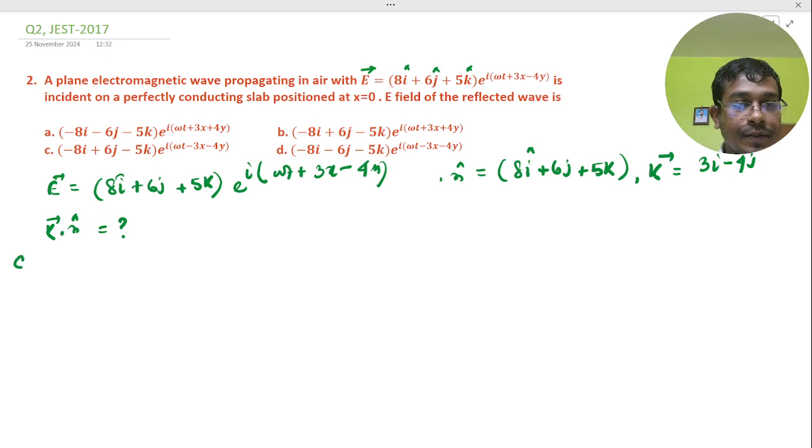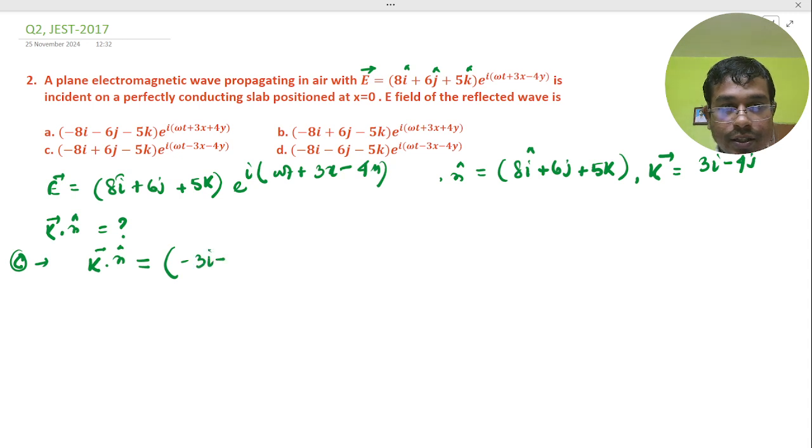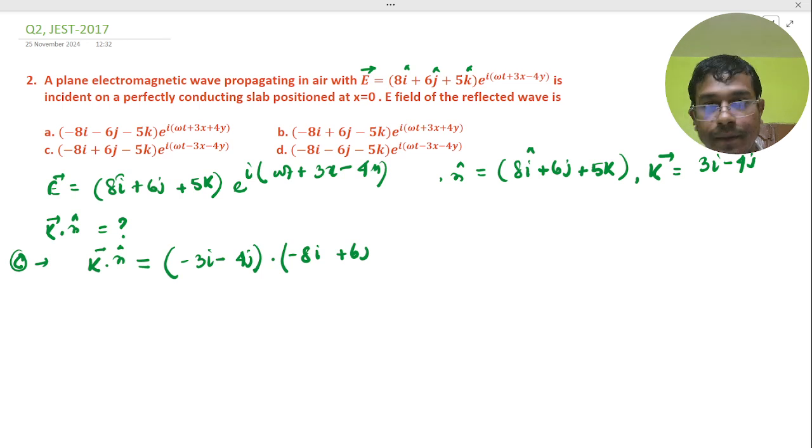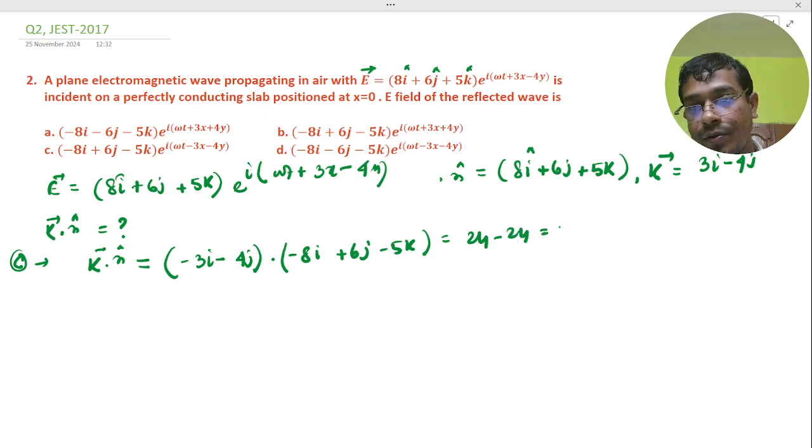So for the C option, k dot n is equal to minus 3i minus 4j dot minus 8i plus 6j minus 5k. This is basically 24 minus 24 equal to 0.